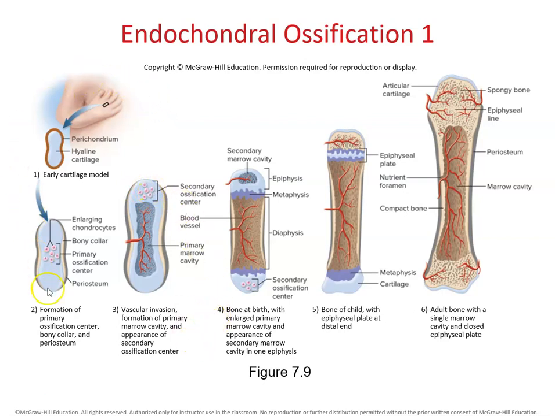So these first three steps, these all happen in the fetus. And then from here on out, these are things that happen right around the time that the child is born. So at birth, the marrow cavity is bigger than it will be at any other time in the individual's life. It takes up more of the empty space.